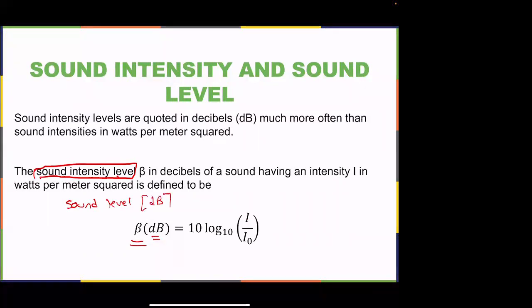So the formula is beta equals 10 log base 10 of I over I naught, where I is watts per meter squared. The idea here is this decibel sound level is based on intensity. So the higher the sound level, the more intense it is.